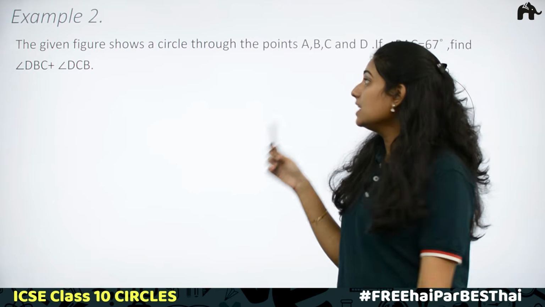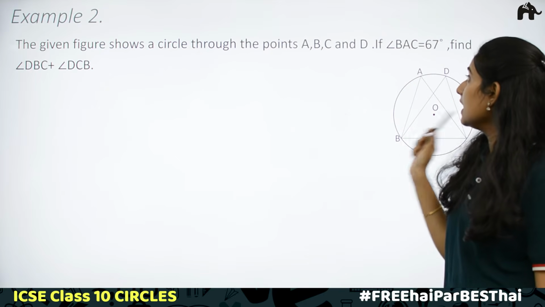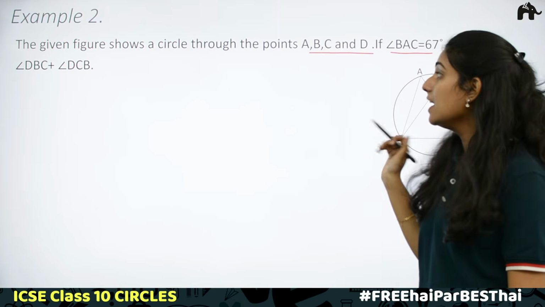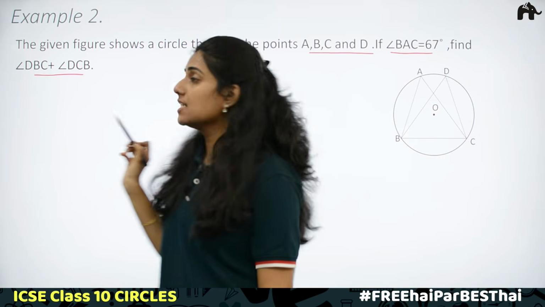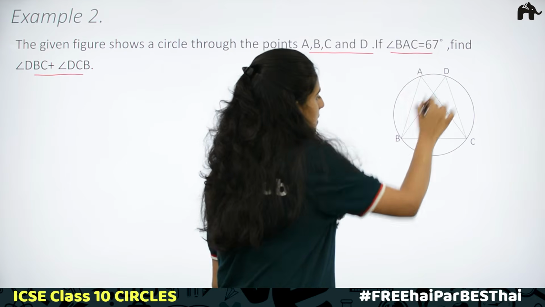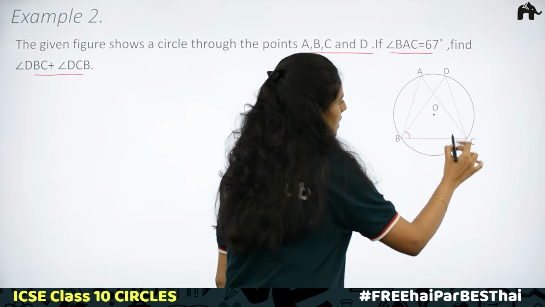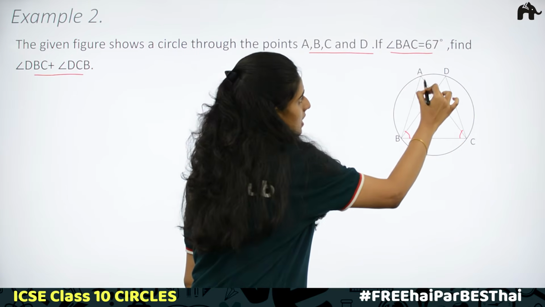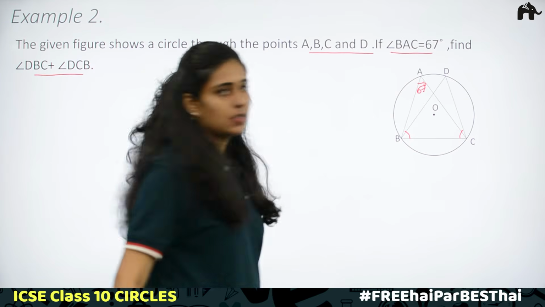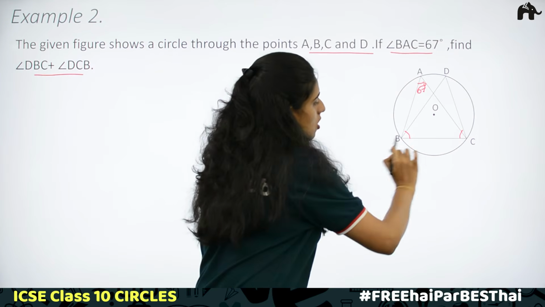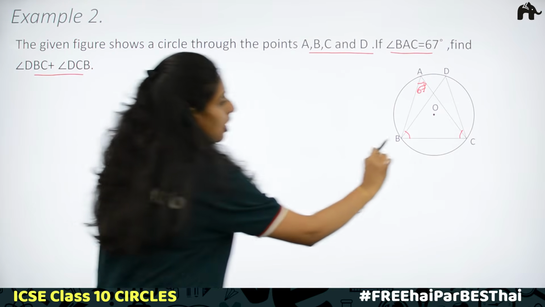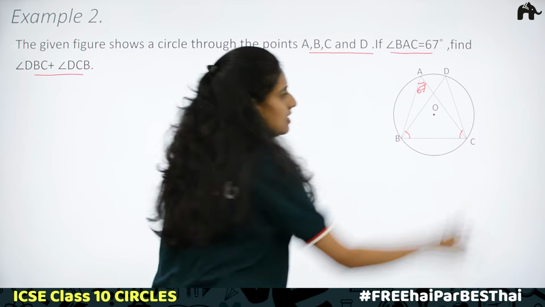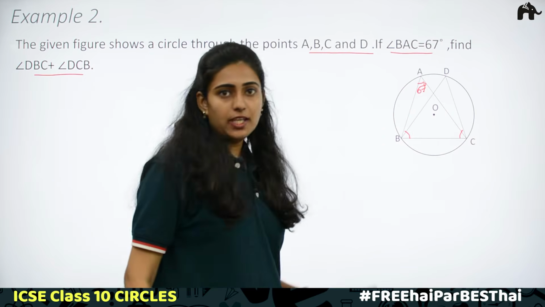Clear? Next example. The given figure shows a circle through the points A, B, C and D. If angle BAC is equal to 67 degree, find DBC plus DCB. DBC is this and DCB is this angle. It is given that angle BAC is equal to 67 degree. Now, when you consider this chord BC, this chord BC subtends angles BAC and BDC on the circle, which means these two angles should be equal.